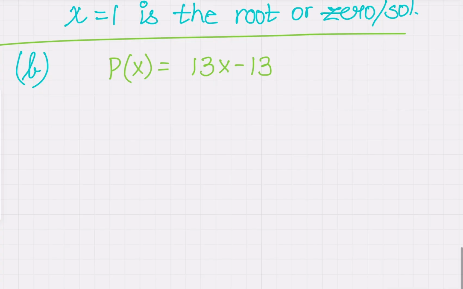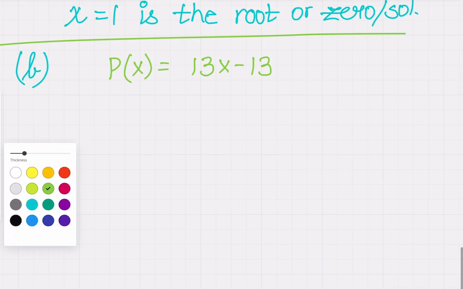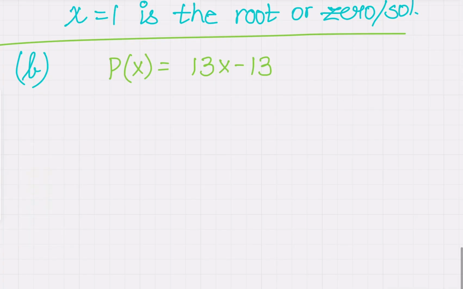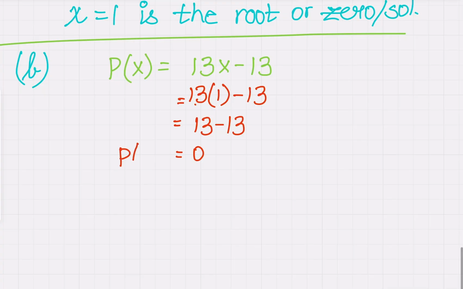There's only one value of x that I can take which will make the polynomial value 0. I hope you agree with me that if I plug in 1 in place of x, the value of the polynomial will end up to be 0. 13 times 1 is 13 minus 13. 13 minus 13 is 0. Hence, my polynomial value p of x is 0.